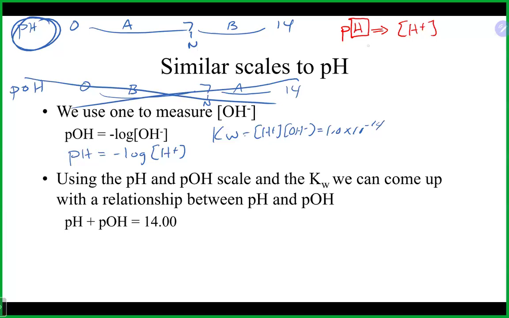To calculate the H plus concentration, if you are given the pH, it is equal to the inverse log of the negative pH. On most people's calculators, probably not yours because it's a non-display calculator, inverse log is putting a 10 and a caret up there. You want to make sure it's negative pH when you do that.